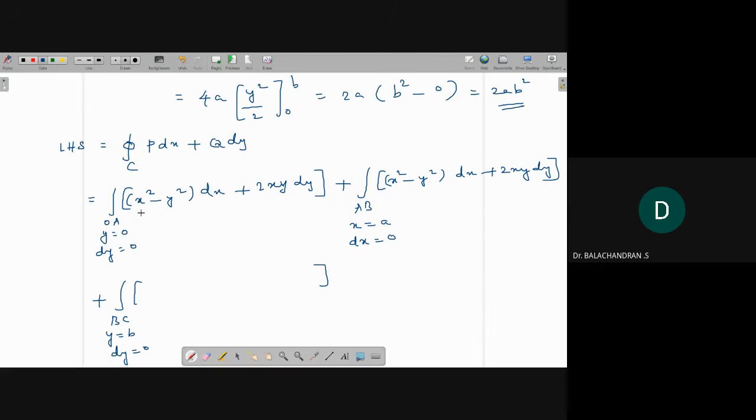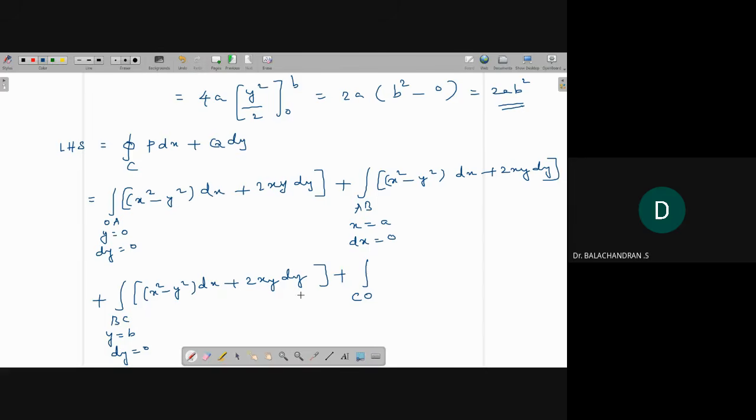So I will write here (x square minus y square) into dx plus 2xy into dy, plus the integral along CO. Direction is important. Don't write OC. Similarly, don't write CB.